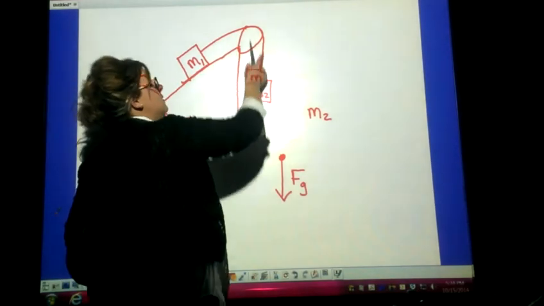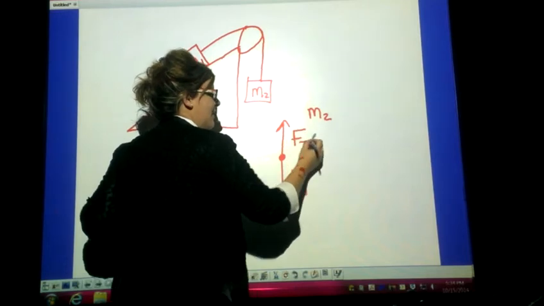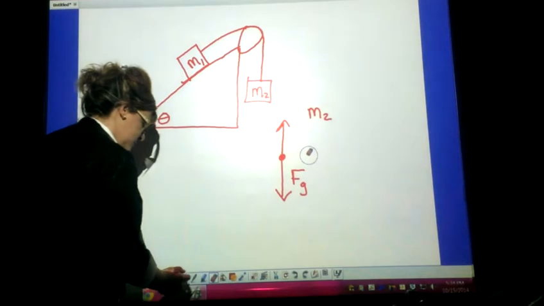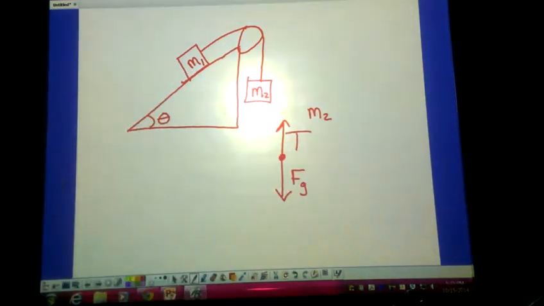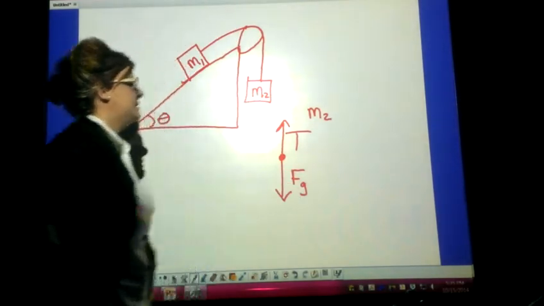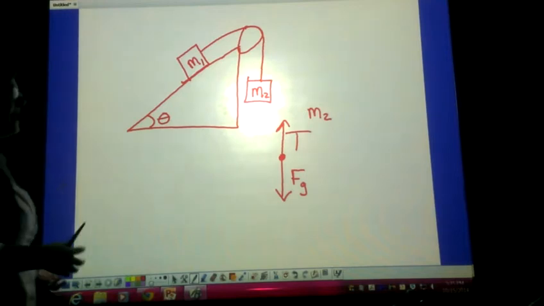I could call it F sub T for force of tension, or let's actually just call it a capital T for tension. So I have tension directed upward, I have the weight force pulling it down. So that would be my free body diagram for mass 2.